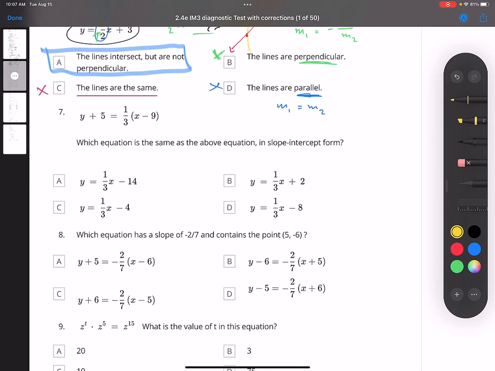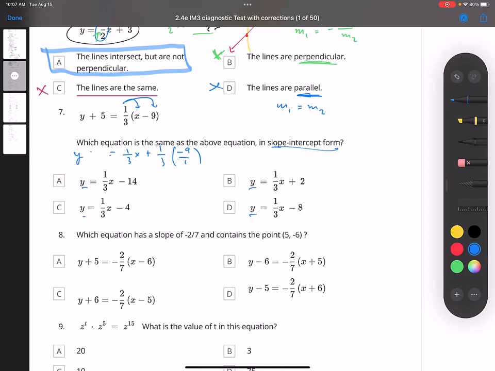Alright, number 7. You're given this equation, which equation is the same as above in slope-intercept form. So we just went over slope-intercept form, and you'll notice that the y is by itself. And so basically I just need to distribute the 1/3. So I have 1/3 x, and 1/3 times -9.